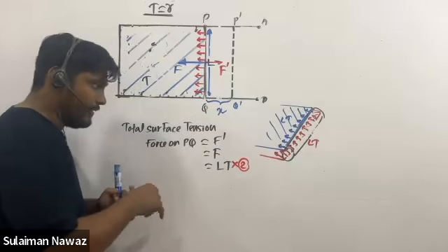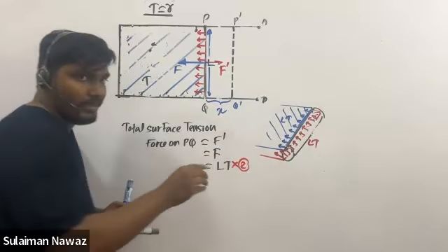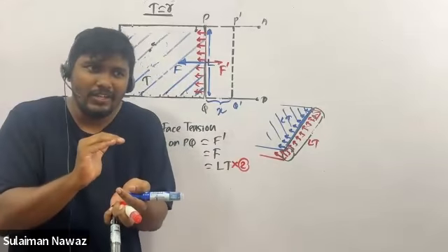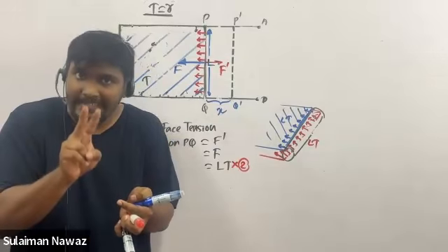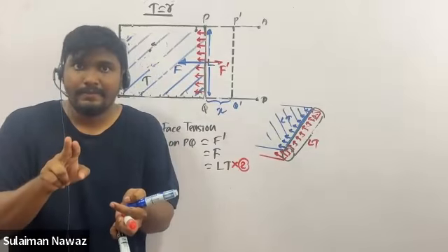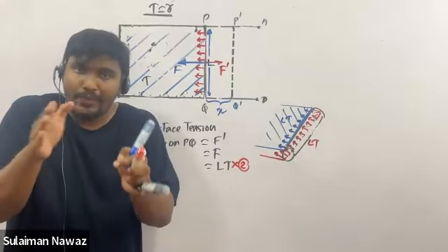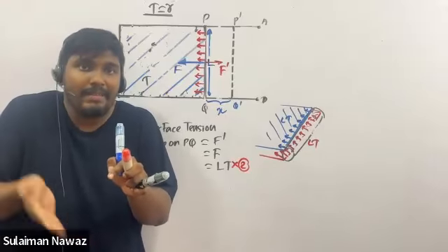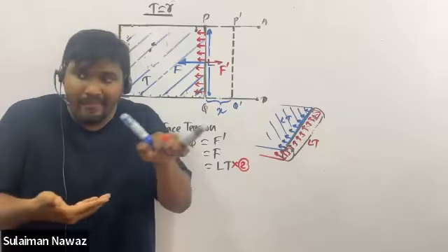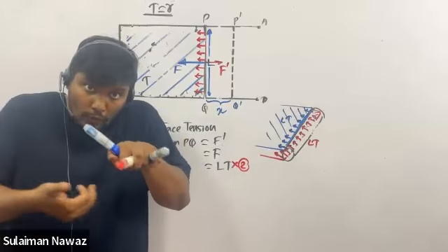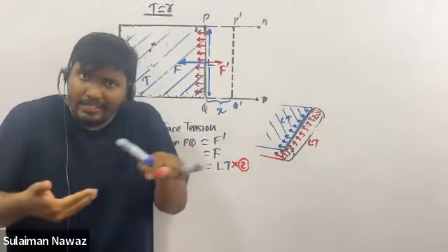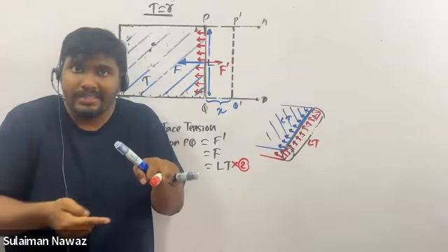Most people do not understand why it is 2. The way I justify it is that the soap film contains two layers. The topmost layer is in contact with the PQ wire, and the bottommost layer is also in contact with the PQ wire. As a result, there will be two surface tension forces acting on the wire, LT, LT.